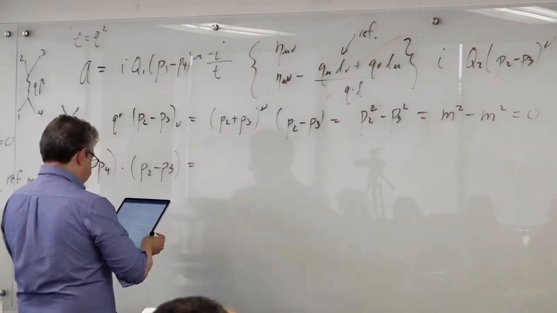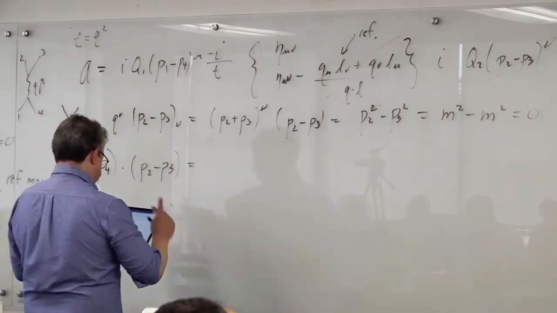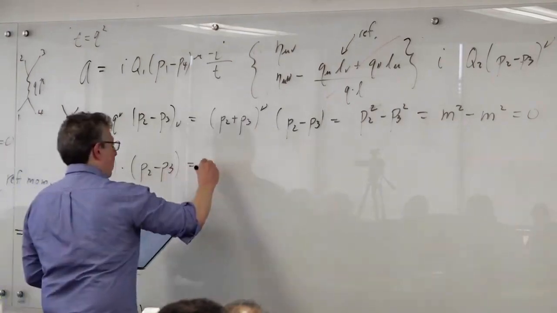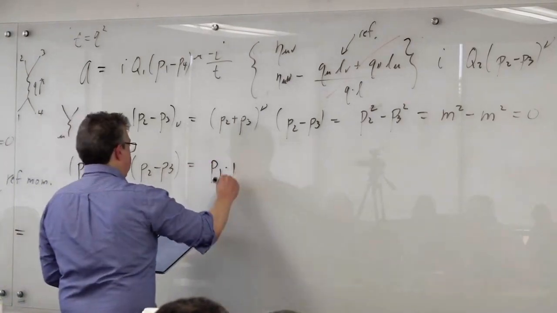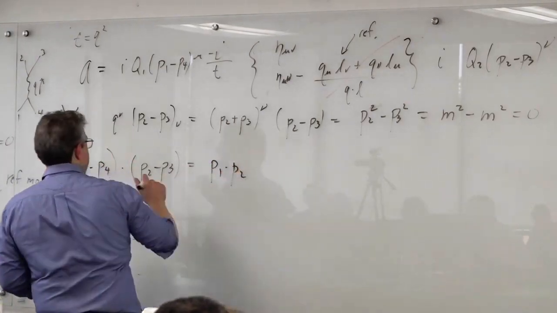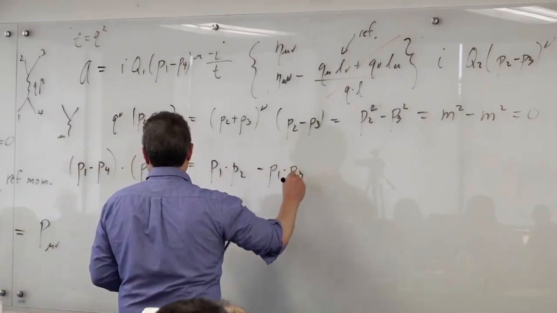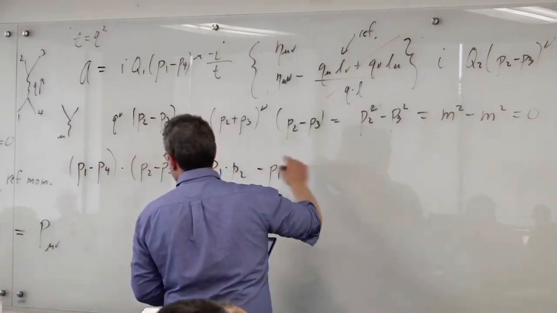Well, anyway, if this thing is P1 dot P2, and then P1 dot P3 minus P1 dot P3, and we can just work this out.